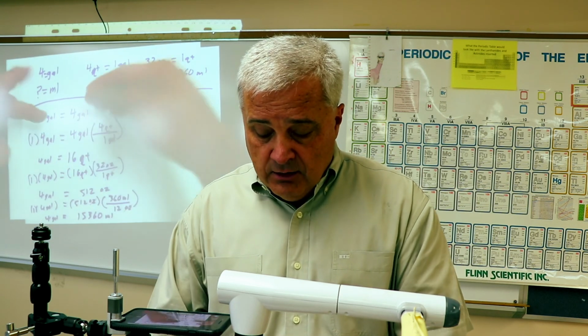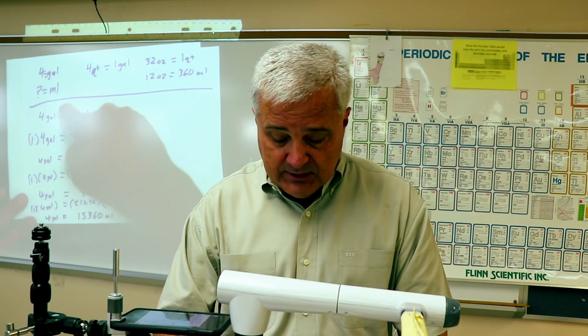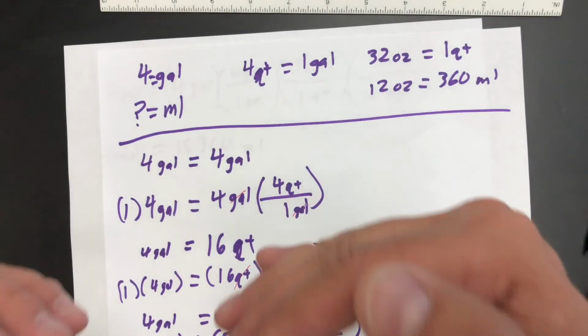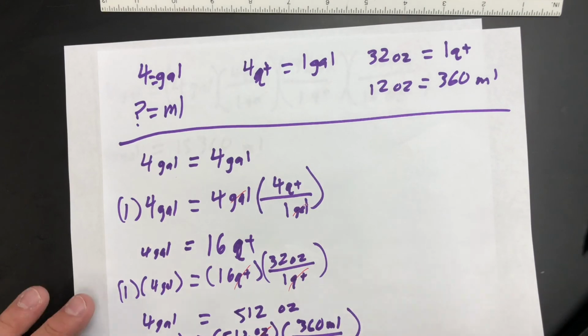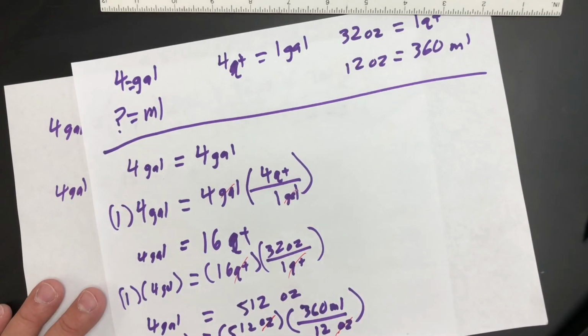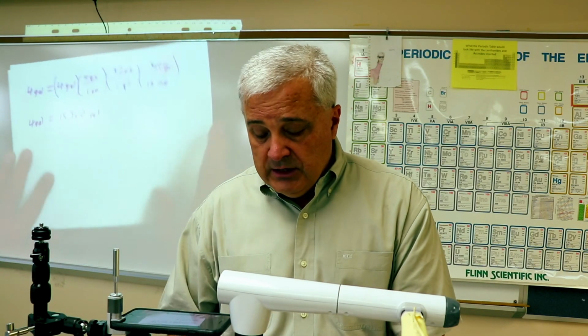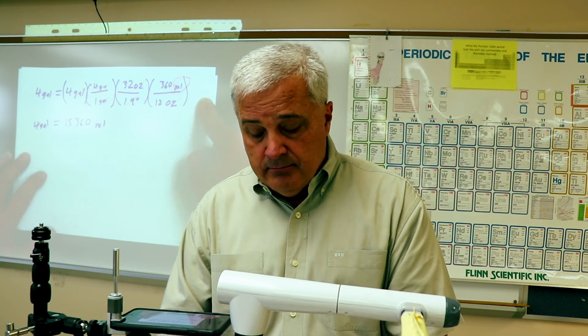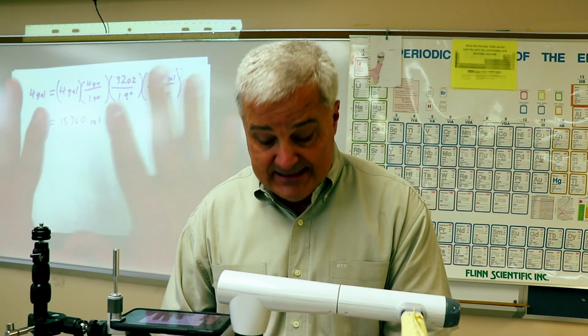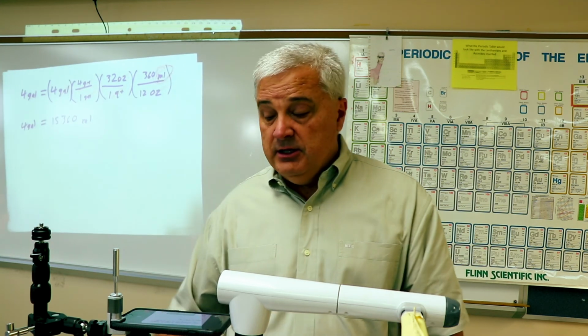An equation, and then we follow the mathematical steps. We keep all of our equal signs, we write out complete mathematical expressions, and we find that 4 gallons is 15,360 milliliters. Or we can do it straight across in one line. Either way, we're going to get the same 15,360 milliliters.